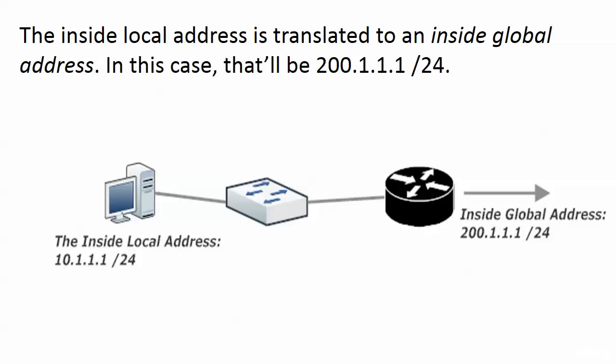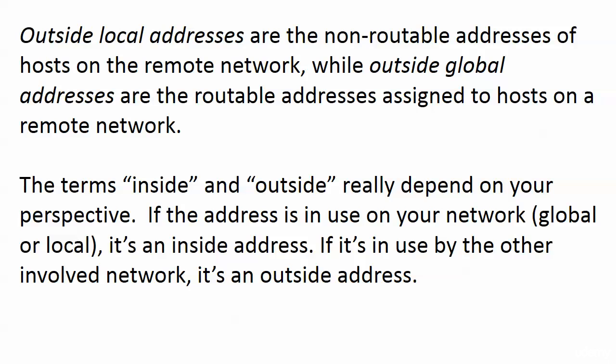Okay? So nothing too tricky there, but the outside terms, outside local and outside global. The outside local addresses are the non-routable addresses of hosts on the remote network. Outside global addresses are the routable addresses assigned to hosts on a remote network when the translation takes place.